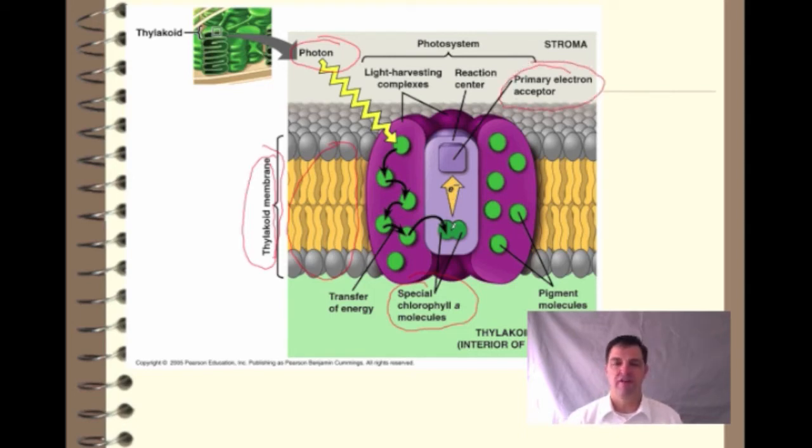So the energy that travels in the light is going to go from light to chlorophyll, and it's going to, in that photosystem, this whole unit here is called a photosystem, we're going to transfer the energy through that to the chlorophyll, and then the chlorophyll is going to transfer that energy to this primary electron acceptor.